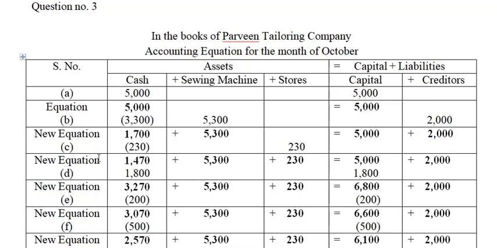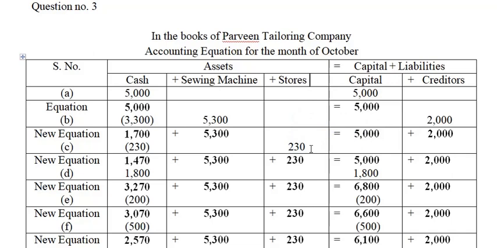Now we will move on to point number C, purchased stores for cash. Now again the cash will decrease. The cash is being decreased out here, and assets will increase, I mean the stores will increase.